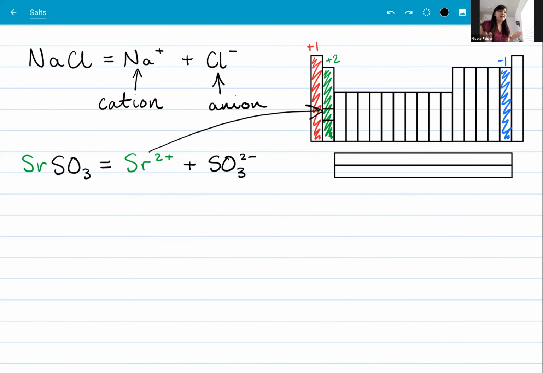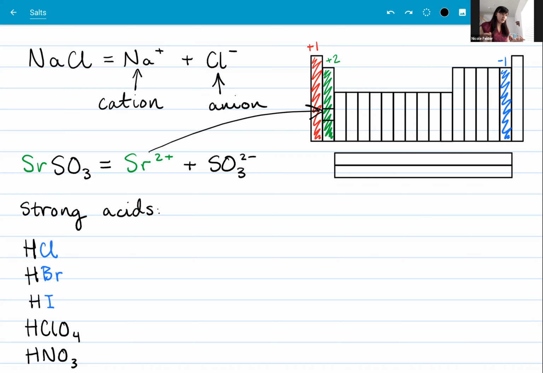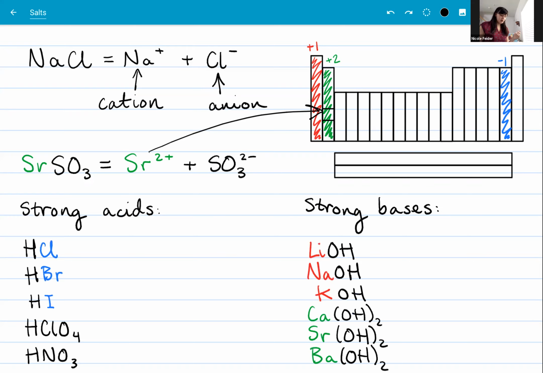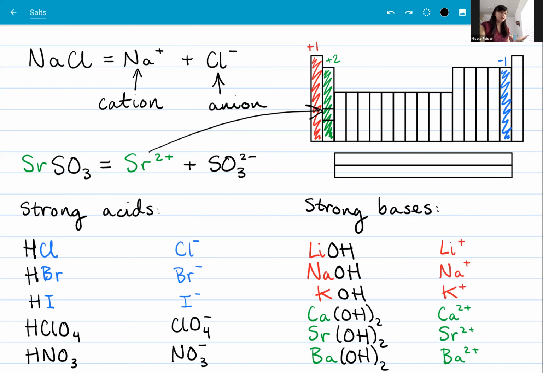We call these do-nothing ions spectator ions, and they're just the non-H+ or OH- parts of strong acids and bases. So looking at our list of strong acids and strong bases, that means that all of these non-H+ and non-OH- parts are spectators.